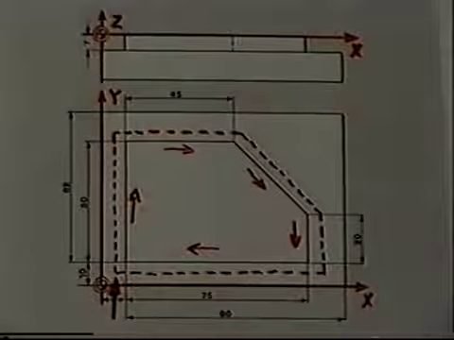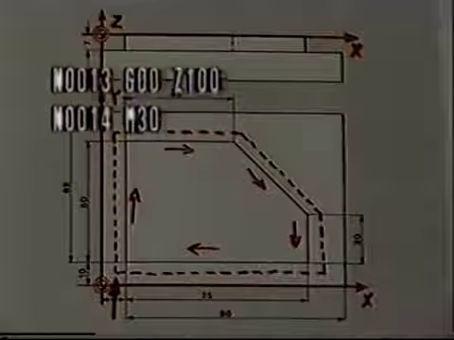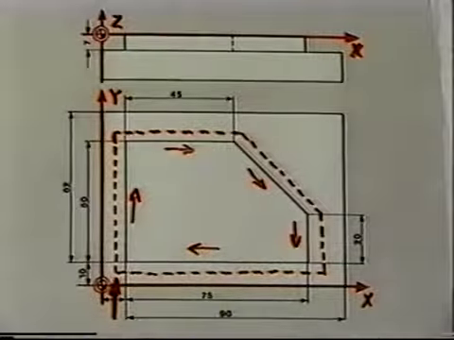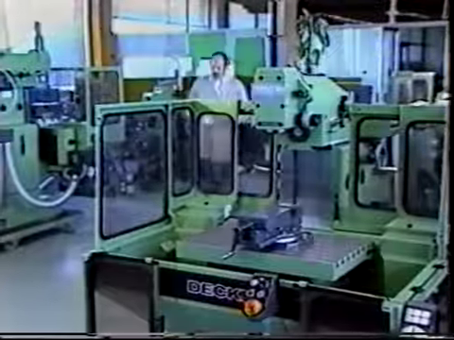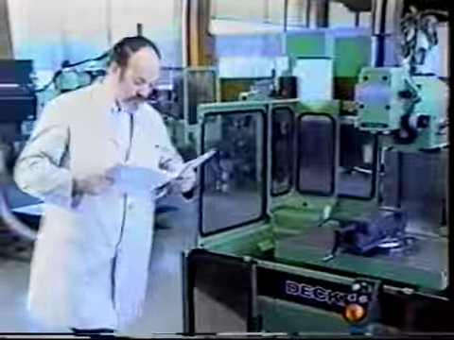Now the last thing to do is to move away from the workpiece in rapid traverse mode. And that's the end of the program. Can't wait to find out if it was right. Uh-oh, here we go again.